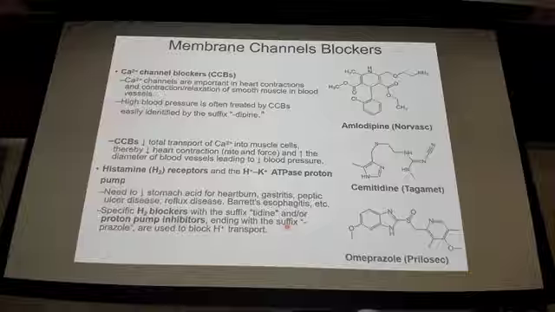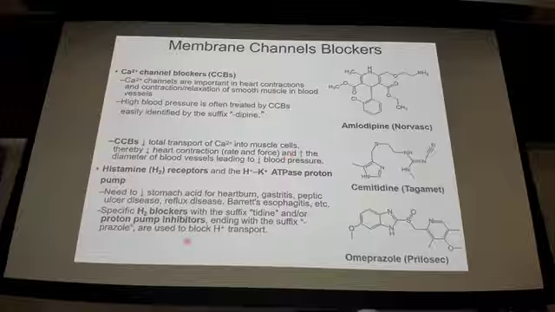So if one of your patients were to have a serious acid condition such as Barrett's esophagitis, that condition basically is so much acid creeping up in the patient's digestive tract that his esophagus has now become highly acidic, and so that's very severe, very painful.